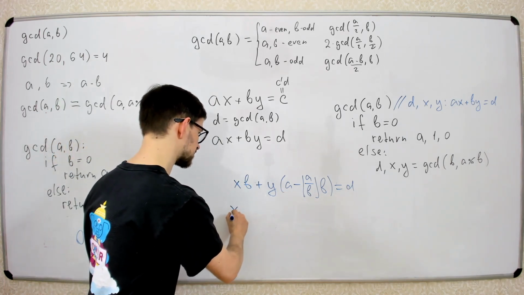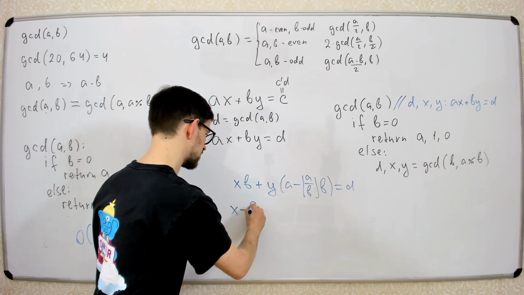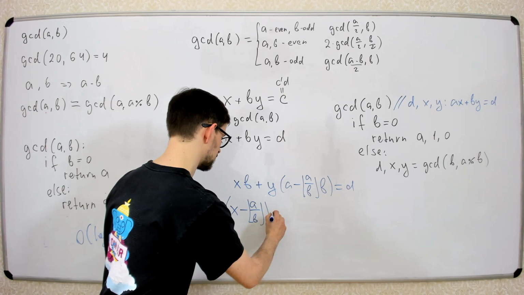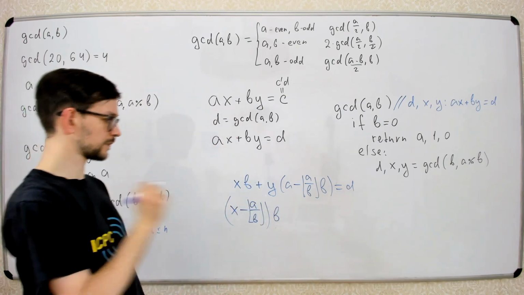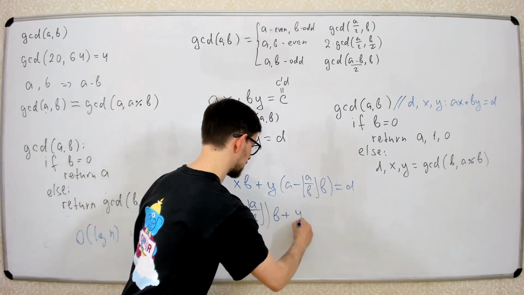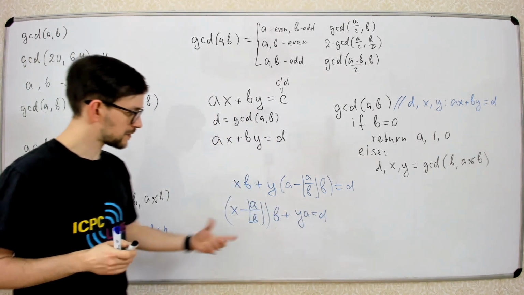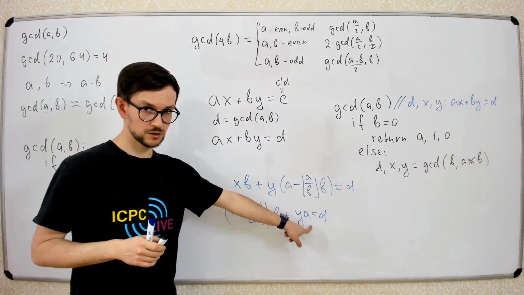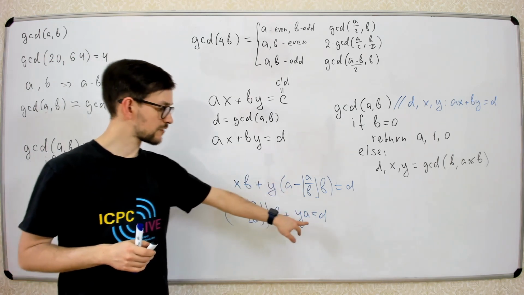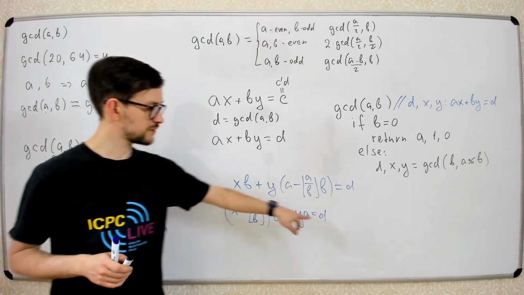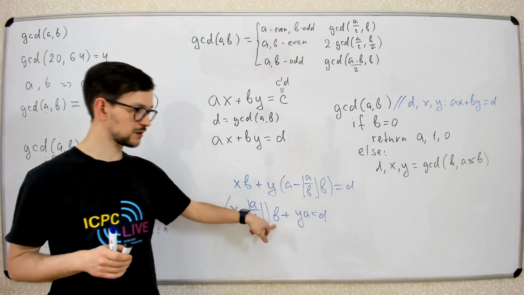So we have x minus a over b, by b, plus ya equals d. So now we have a linear combination for b and a. This number is an integer and this number is an integer. So we have a linear combination which gives us d from the given a and b.